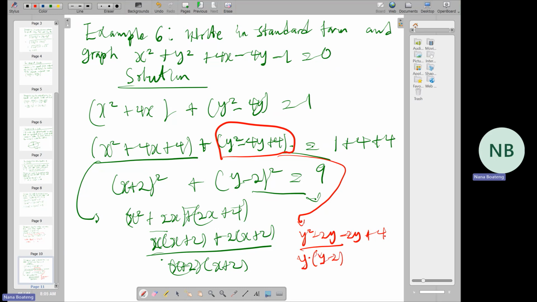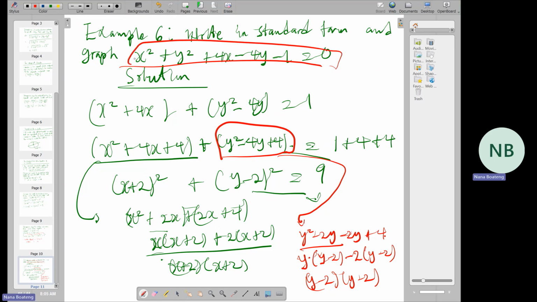We can factor negative 2 out of the second, the negative 2y plus 4, so this becomes y minus 2 times y minus 2. This is y minus 2 squared. So given this form, we can use factorization by adding numbers to the left and numbers to the right to obtain the equation of the circle in standard form.